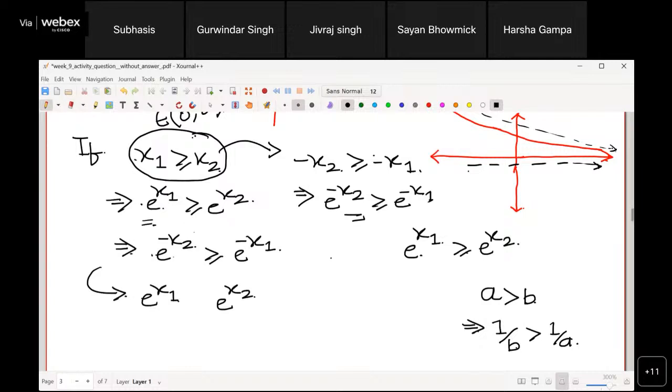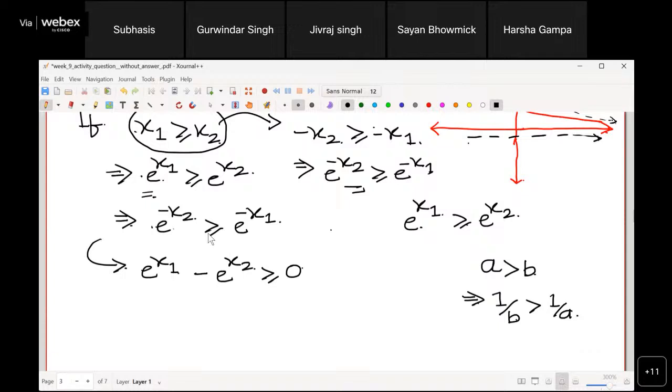Same thing for the second equation: e power minus x2 minus e power minus x1 is greater than or equal to 0. And then we will add them. Let's say this is equation 1 and this is equation 2. So now what?